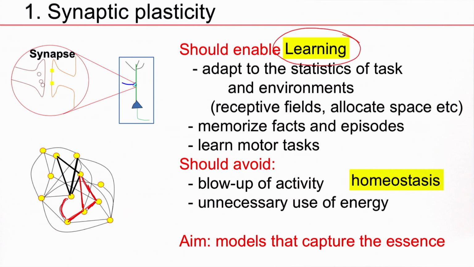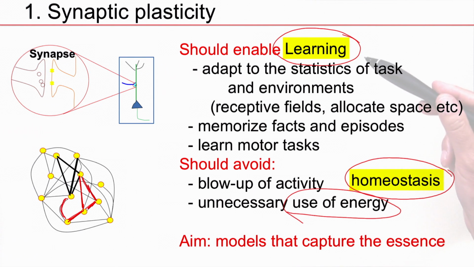So synaptic plasticity, yes, it should help us to learn, but it should also avoid blowing up of activity, and that means it has to control the state of the brain, and that process of control is called homeostasis. And synaptic plasticity should also be used to control the amount of energy used in the brain. So while this is sort of the specific parts that cause learning, these are more unspecific control mechanisms.